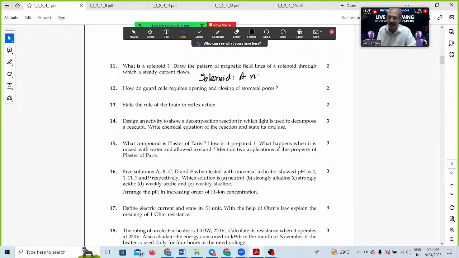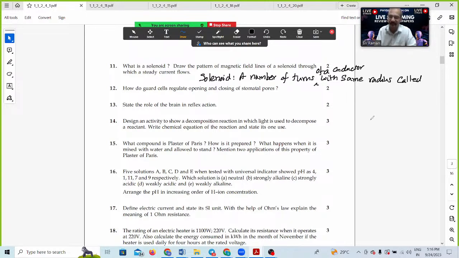A number of turns of a conductor with the same radius is called a solenoid.